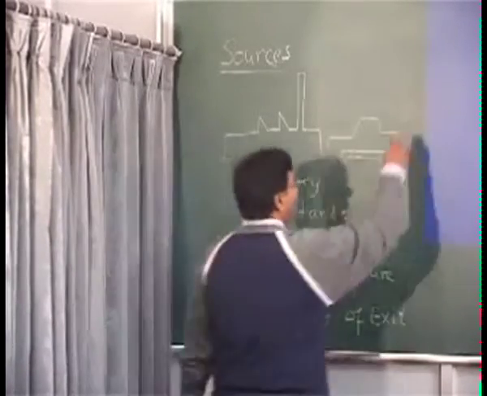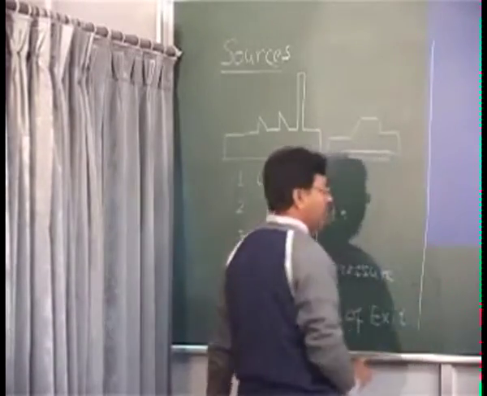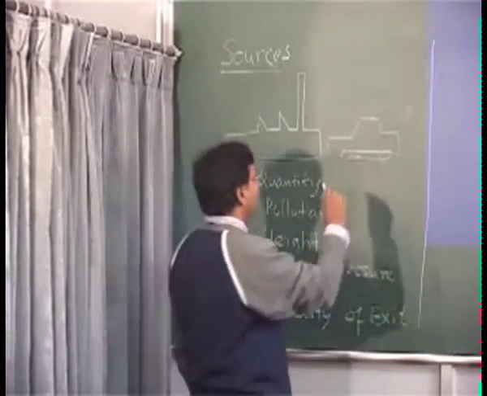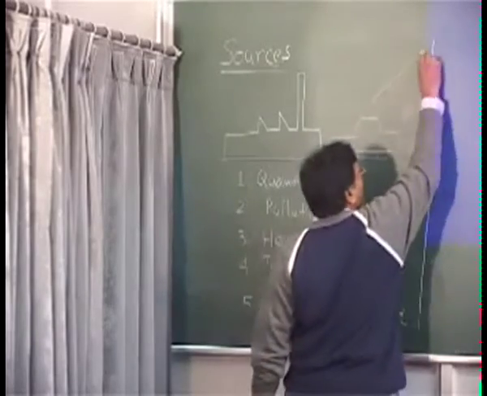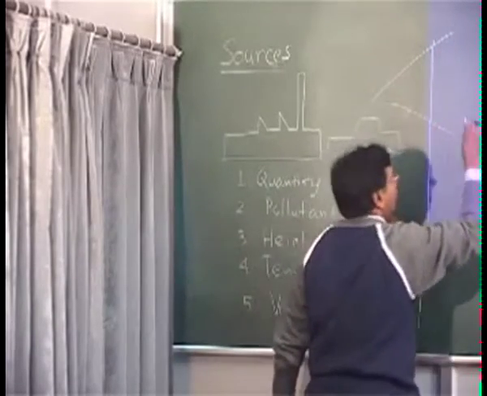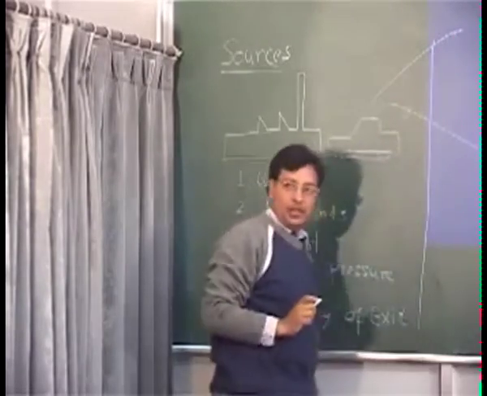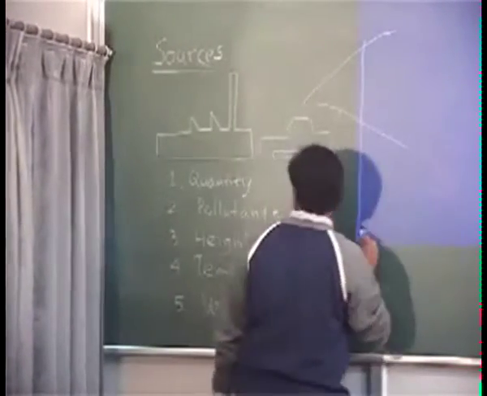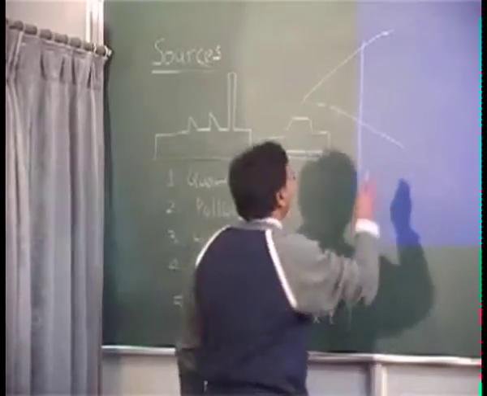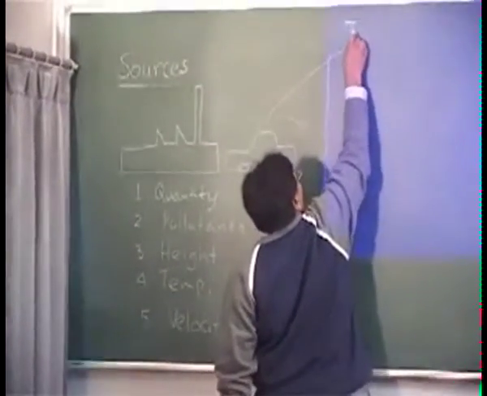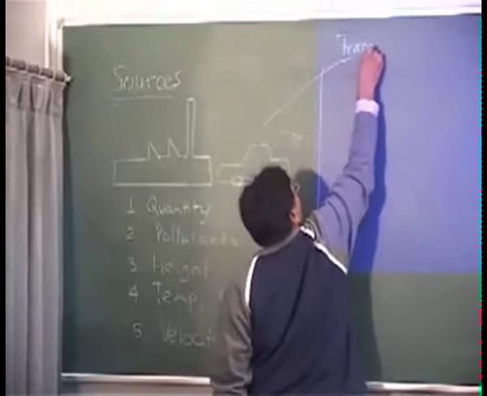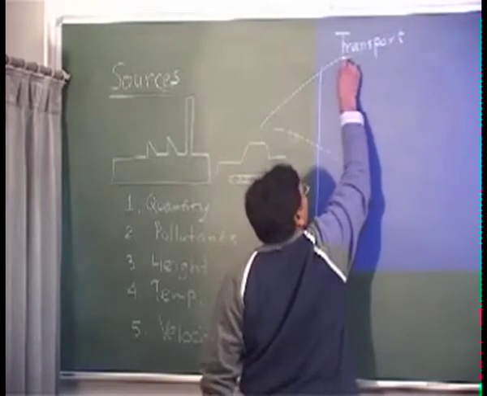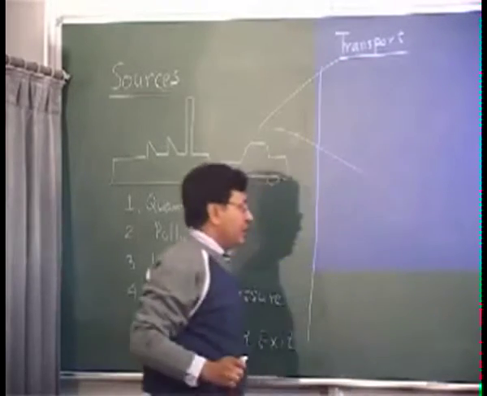Then comes what? If I draw the components as we discussed, now the pollution starts traveling. Like, say, this is the plume. Here we said source; now let us call this the transport. Well, a little bad handwriting, doesn't matter.